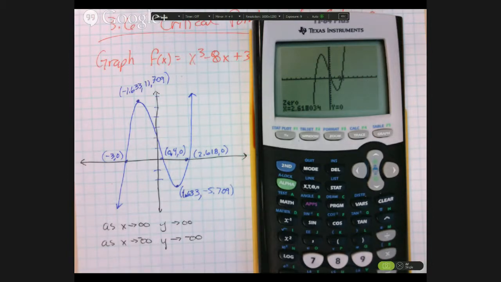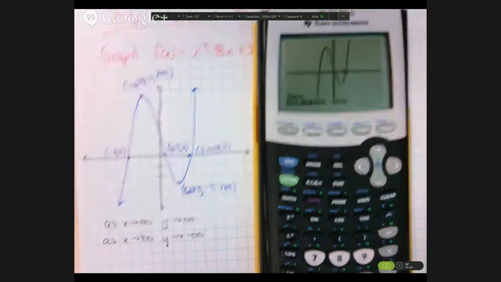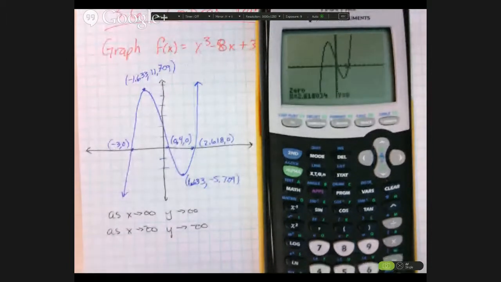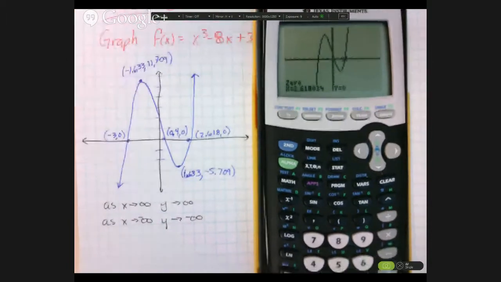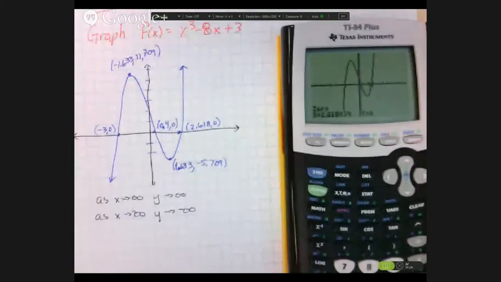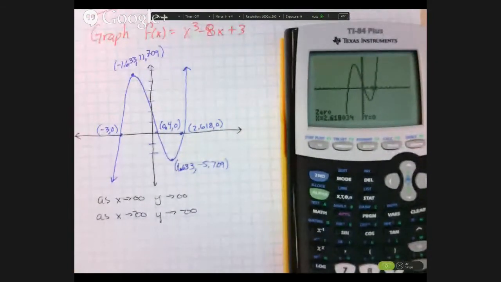That's a zero. Sometimes you're going to get y equals like 2e to the negative 12. That's scientific notation for a really small number, so it's 0.